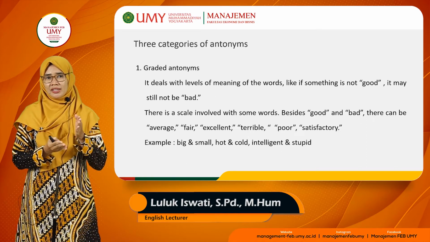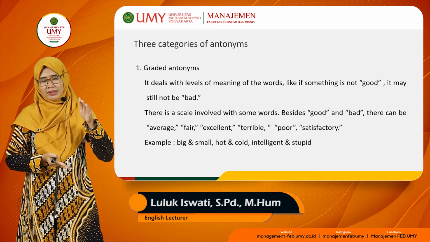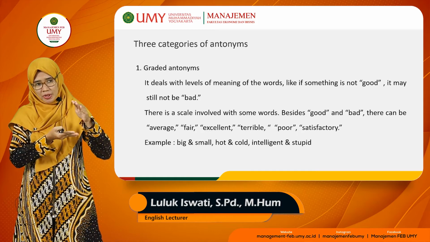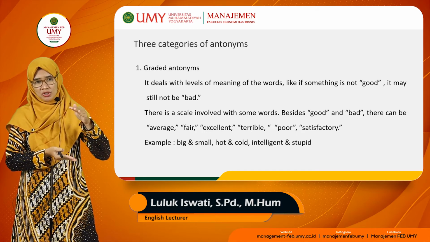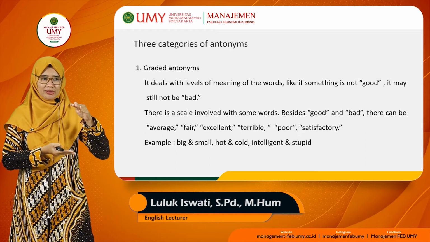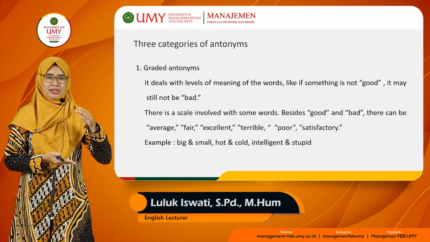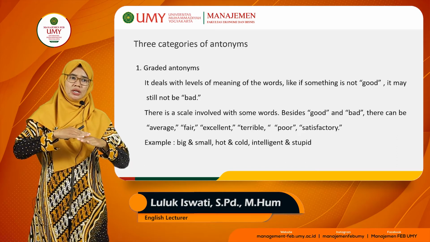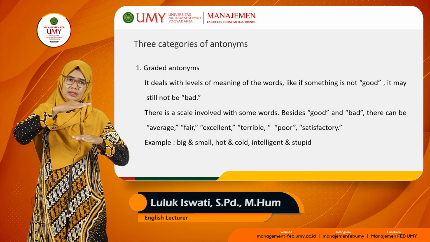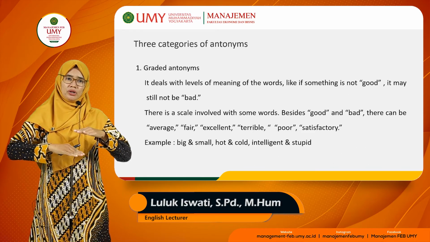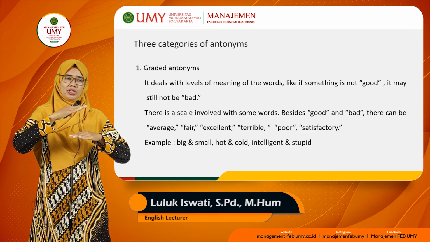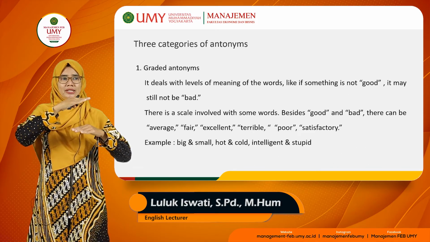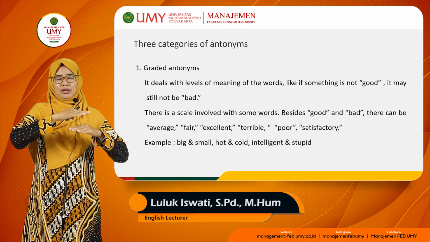So there are things in between good and bad. There is still space between good and bad, or there is a scale. Besides good and bad, there can be average, fair, excellent, terrible, poor, or satisfactory, and so on. So this is called graded because there is a grading, a level of meaning.